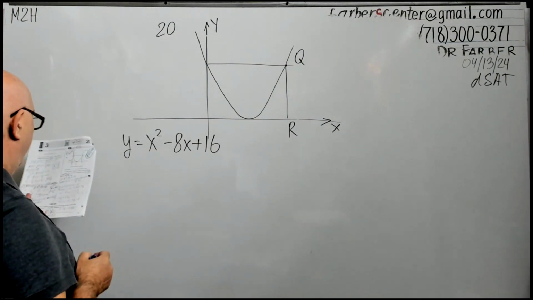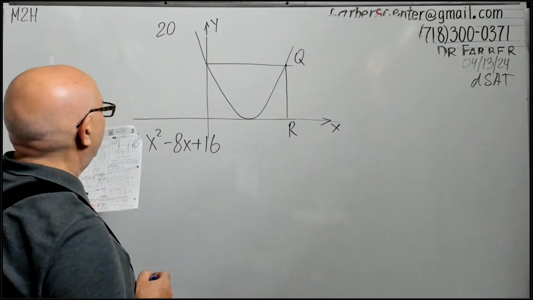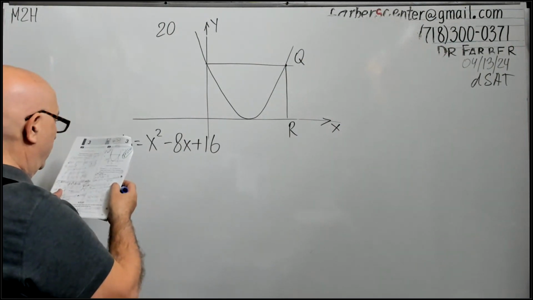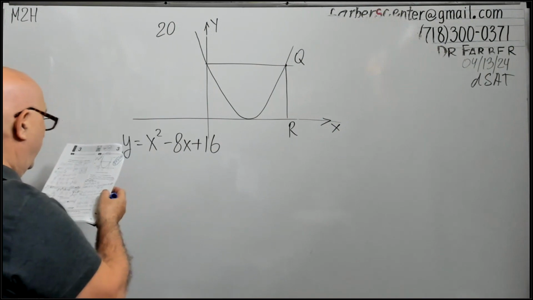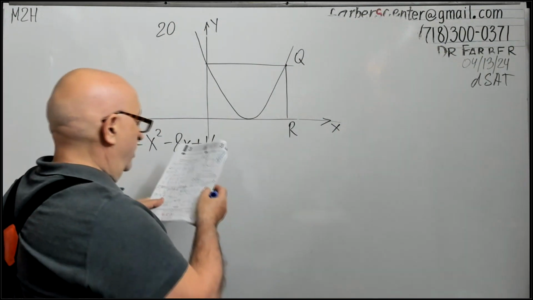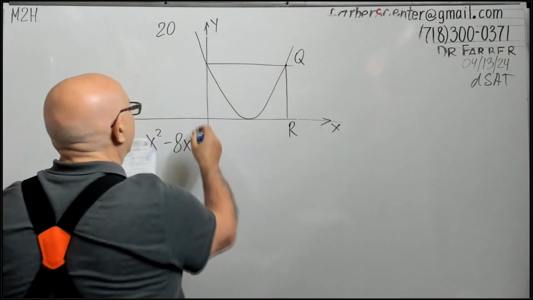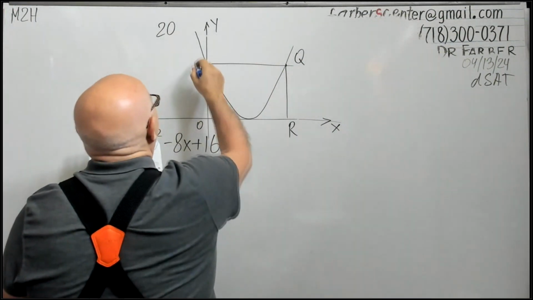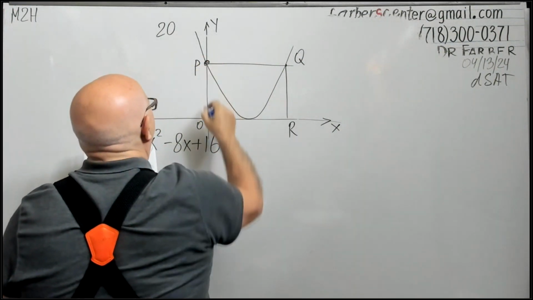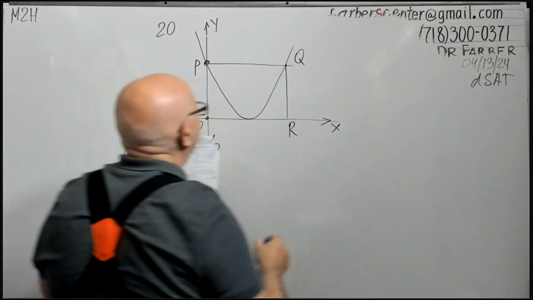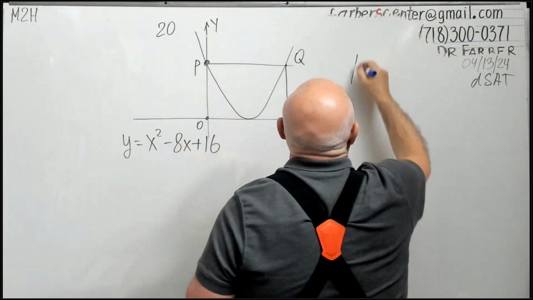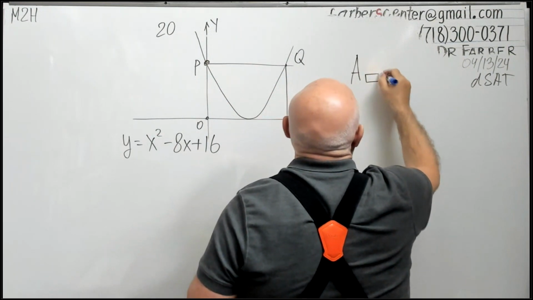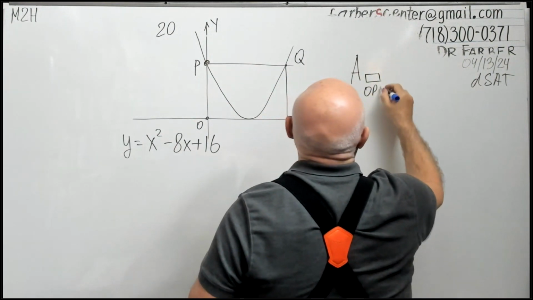And what they ask you: point P, find the area of, where is O? O, P, Q, and R. Area of rectangle OPQR.